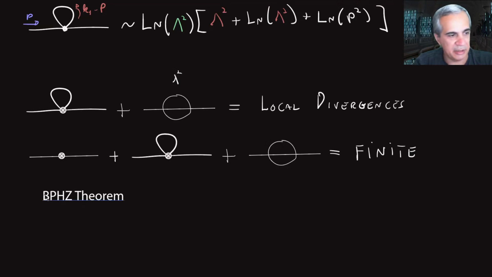BPHZ here is Bogoliubov, Parasyuk, Hepp, and Zimmermann. And because this theorem is so important for the approach we took here, this whole idea of redefining the constants in terms of physical constants and then putting counter terms in the Lagrangian is in many places called the BPHZ renormalization scheme.